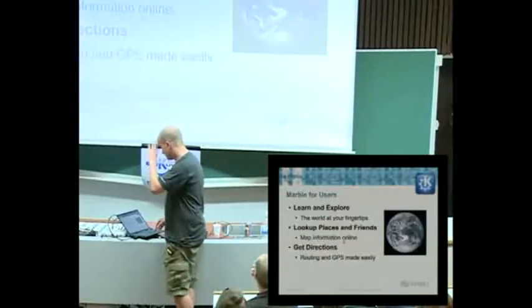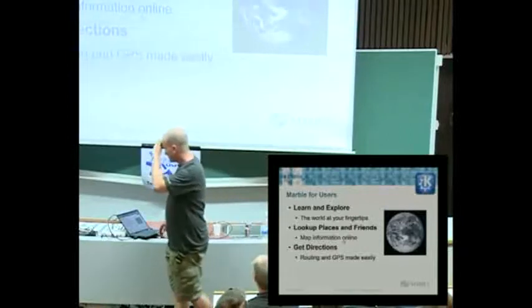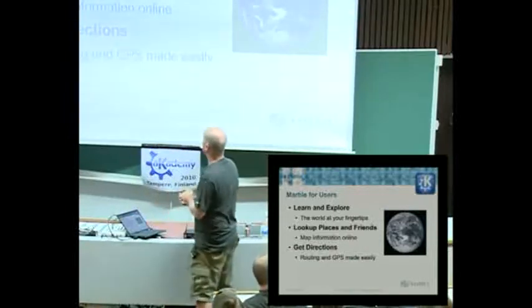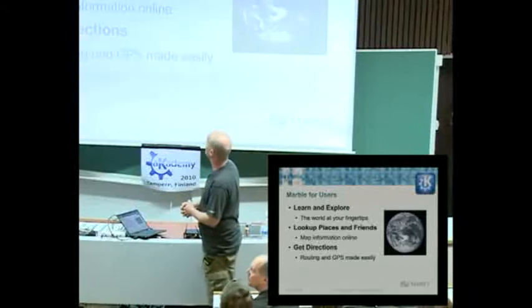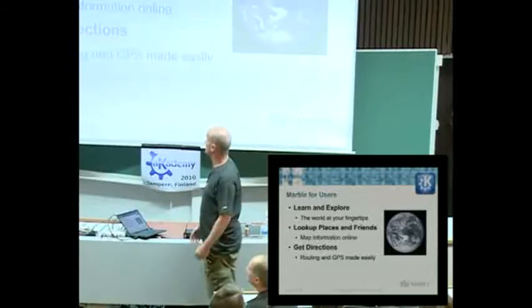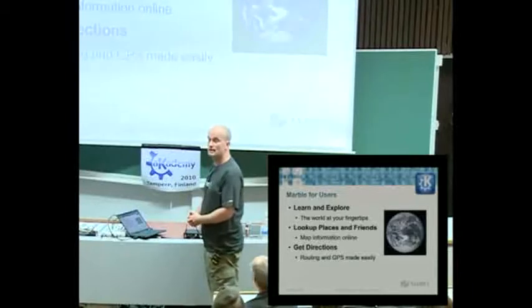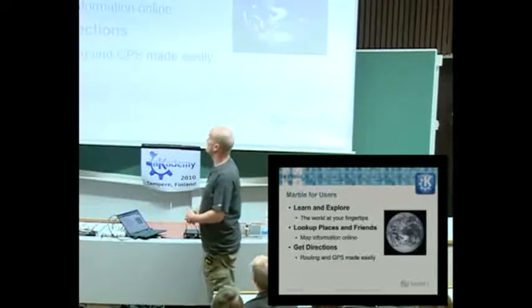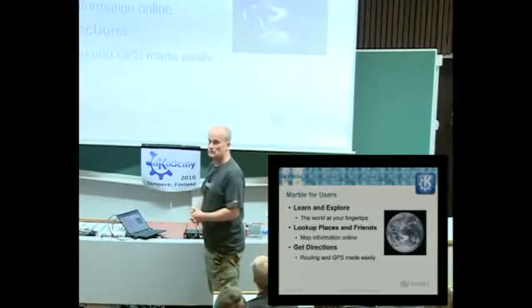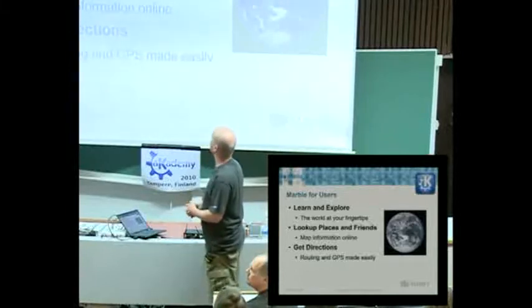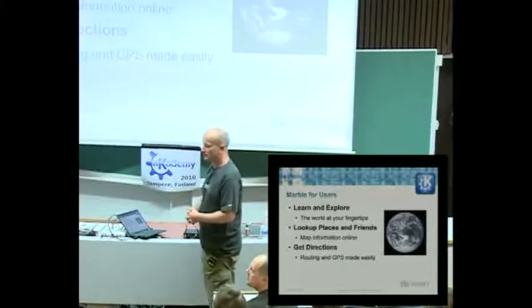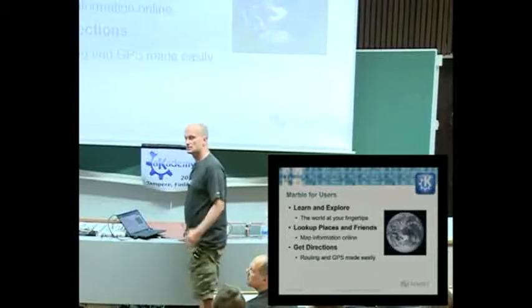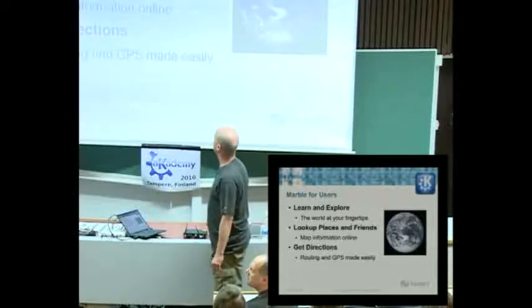In terms of use cases for the user, Marble has three important goals. On one hand, learn and explore as part of the KDE educational package, so that, for example, pupils at school could use it for classroom learning, or if I read the news, I could look up places and learn something about the whole thing.